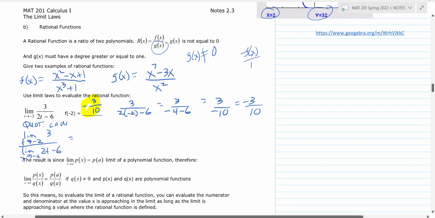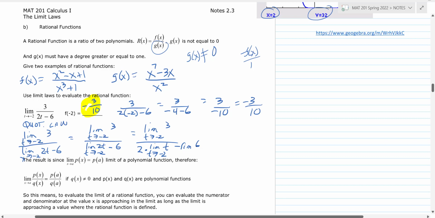Then you could do the sum and the difference law in the denominator, so you'd have limit t approaches negative 2 of 3 all over, and then the bottom, you can break this up into the limit of 2t, t goes to negative 2, minus 6. And then one more thing, you could do the limit as t goes to negative 2 of 3 over 2 times the limit t goes to negative 2 of t minus the limit of 6. So I'm kind of doing the limit laws like that.